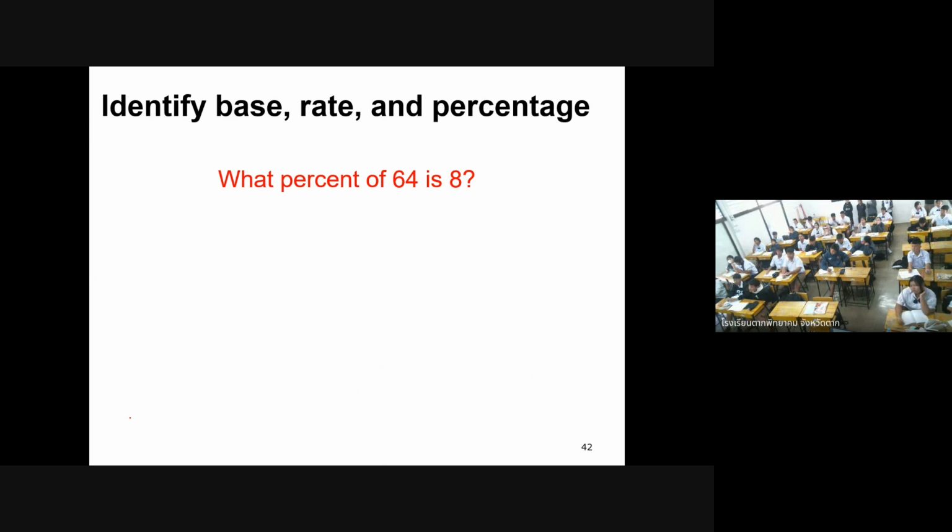As you can see, there are only two numbers, meaning one number is missing. Percentage is given, rate is missing.